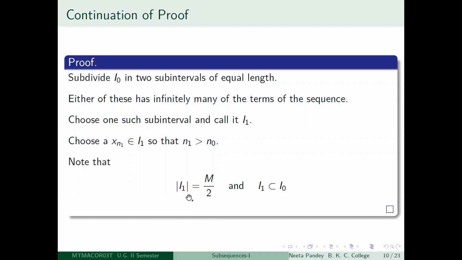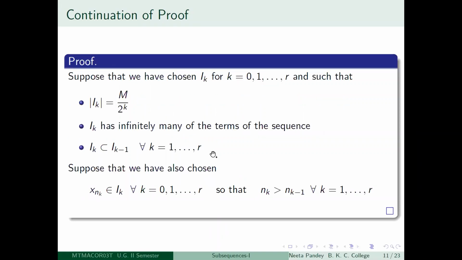And not only that, I1 is a subinterval, so I1 is a subset of I0. So you see where we are going. We are constructing a nested sequence of closed intervals whose lengths are decreasing, and we are also choosing these points, right? So let us see where we can go with this.